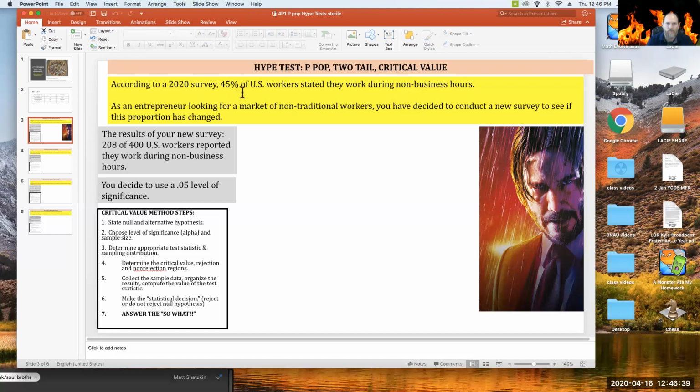So 45% of workers stated that they work during non-business hours. Okay, who cares? Well, as an entrepreneur looking for a market of non-traditional workers, you have decided to conduct a new survey to see if this proportion has changed.